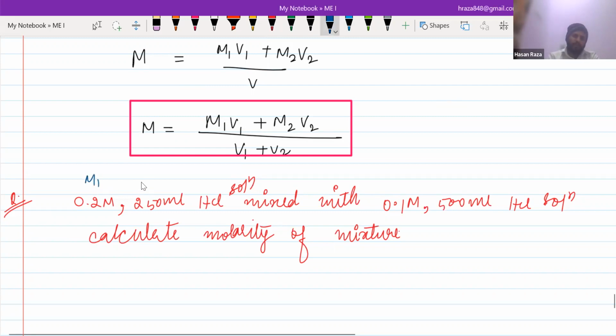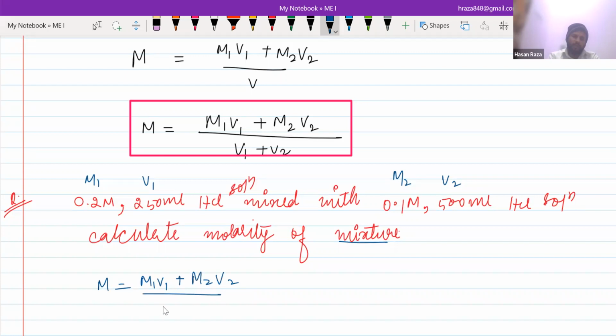This is your M1, this is your V1, this is your M2, this is your V2. And since it is mixed, the molarity will be equal to M1 V1 plus M2 V2 upon V1 plus V2. What is M1? 0.2 into V1, 250, plus what is M2? 0.1 into 500, upon what is V1?